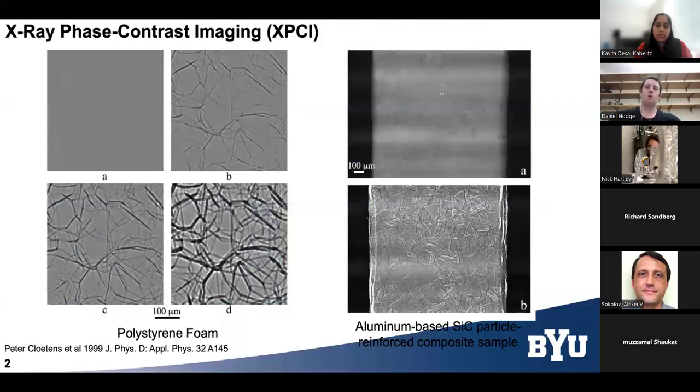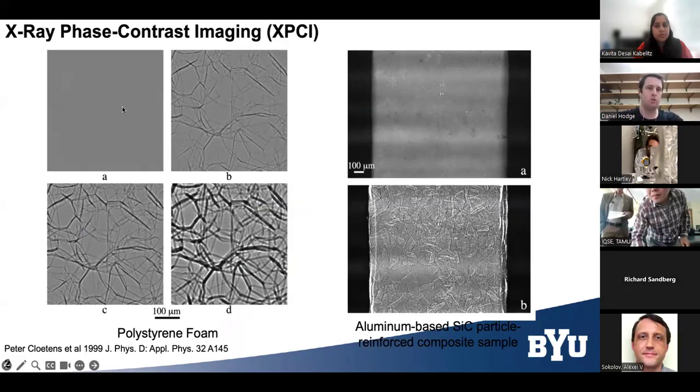And so real life examples of actual X-ray imaging that enforce this idea is this image of polystyrene foam by Peter Cloetens. If we were in this absorption radiography regime for the polystyrene foam, it's really hard to see.